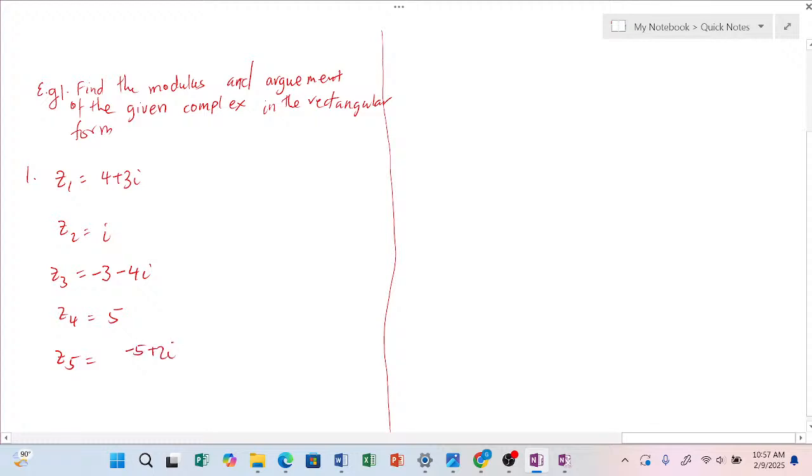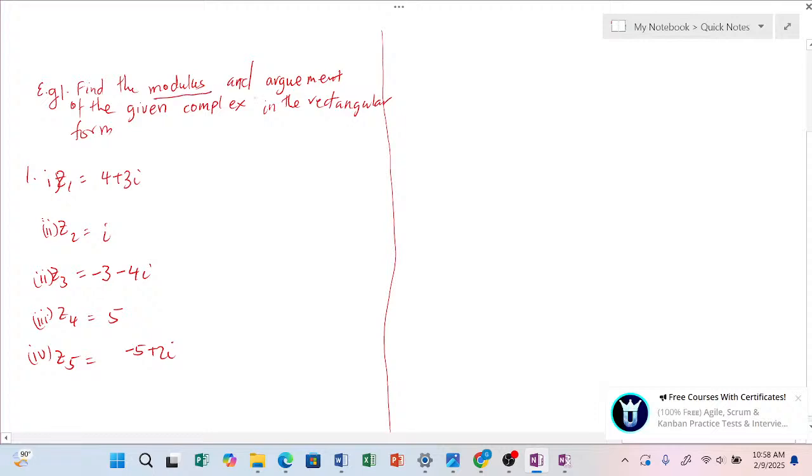So these are the complex numbers given to us. I think after this example we will end here so that another time we continue from there.